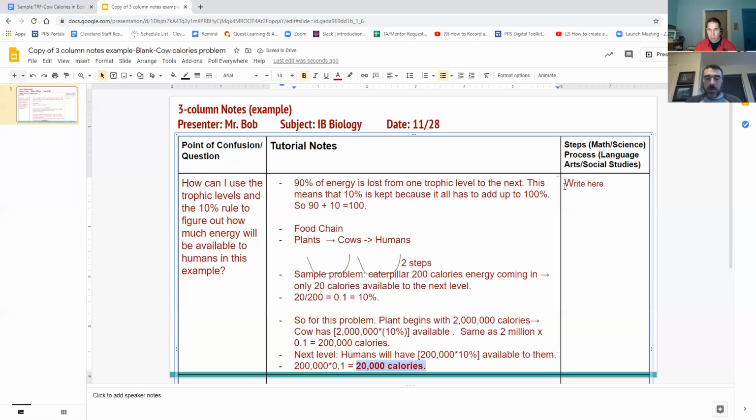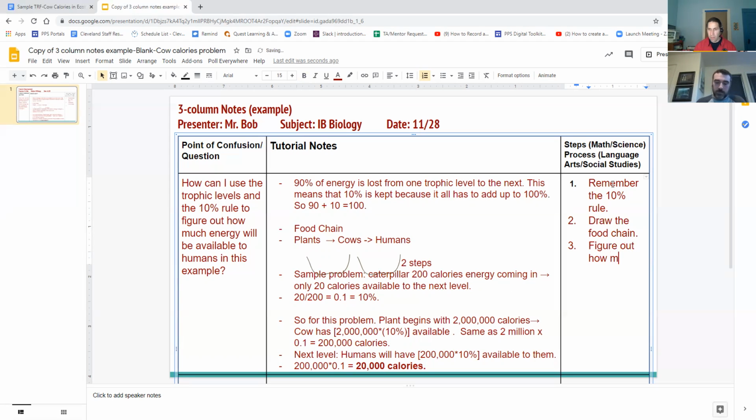So do you think you can summarize that whole process in that third column? Okay, so what do we do? Let's see. First, remember the 10% rule. The second, we draw the food chain. And then third, we figure out how many levels exist, levels from start to finish.